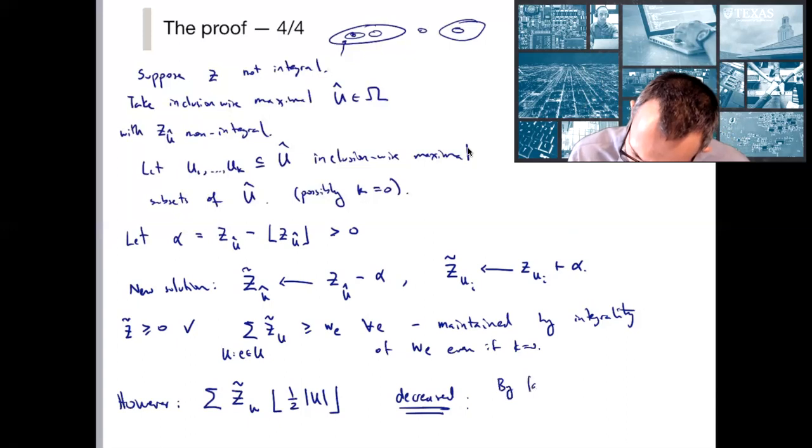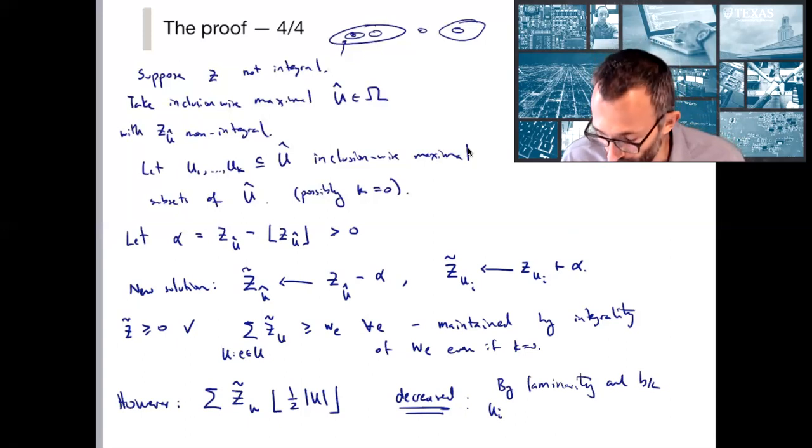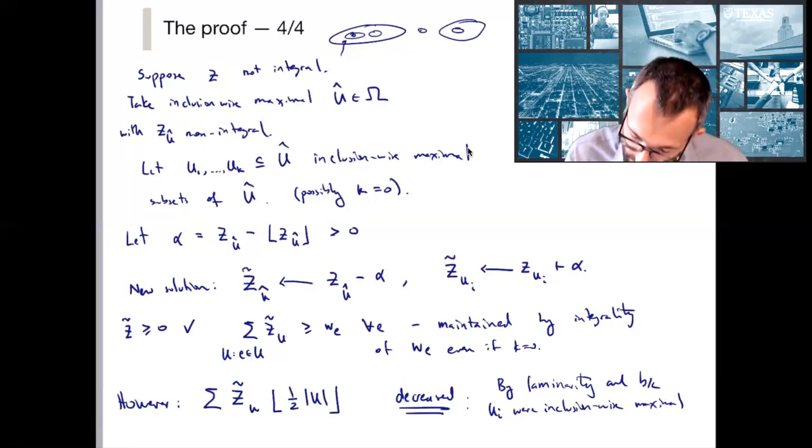So by laminarity, and because all of the u i's were taken to be inclusion-wise maximal, what does that tell us?